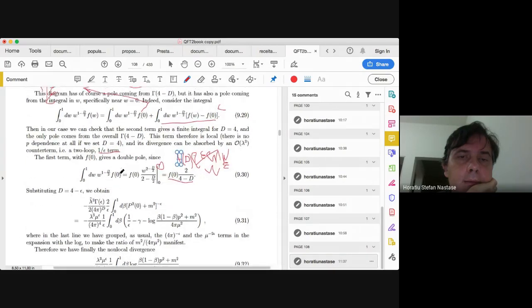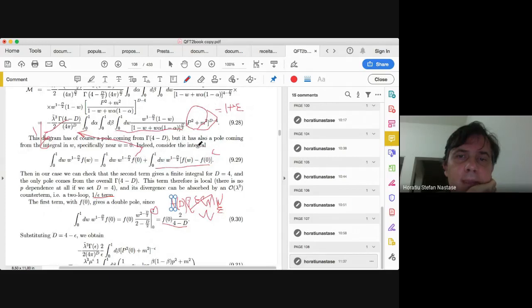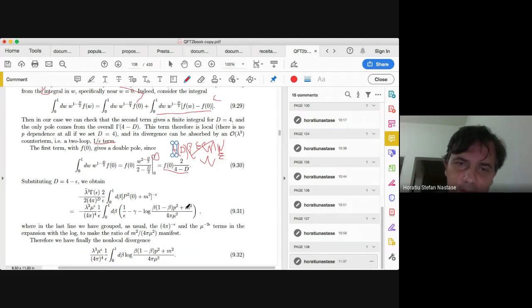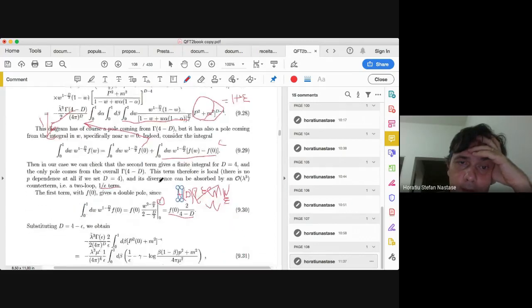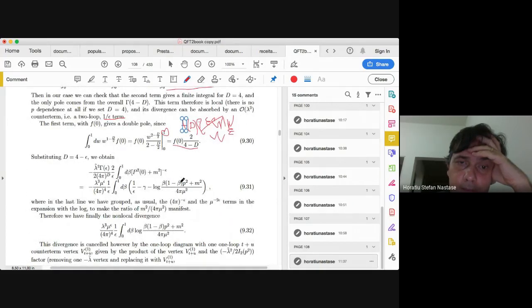And then by expanding this, I get 1 times the divergence that comes from here, plus epsilon times the same divergence. This gives a constant part, this p squared of 0 plus m squared.